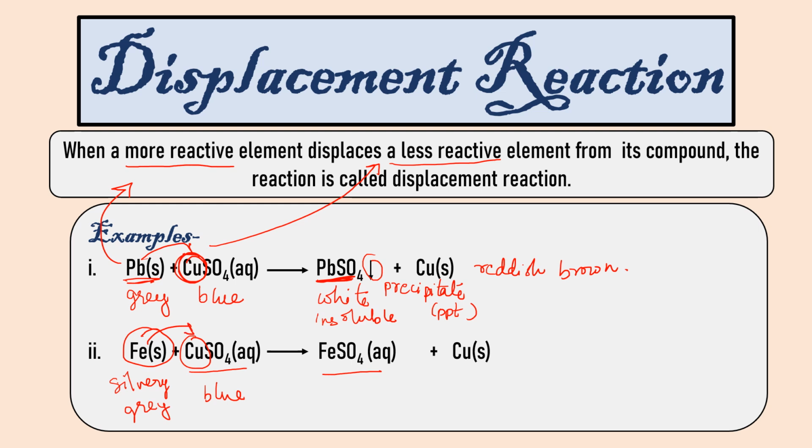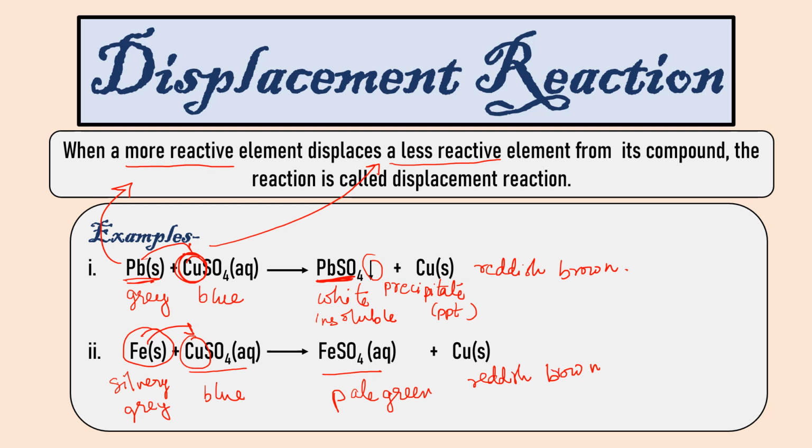You can see in bracket I've written aqueous. That means it doesn't precipitate out. It will remain dissolved in water. The color of the solution will now become pale green. And copper metal, again reddish brown particles of copper, will be seen at the bottom of the test tube as well as on iron nail.